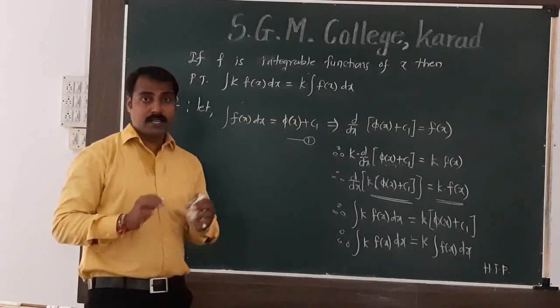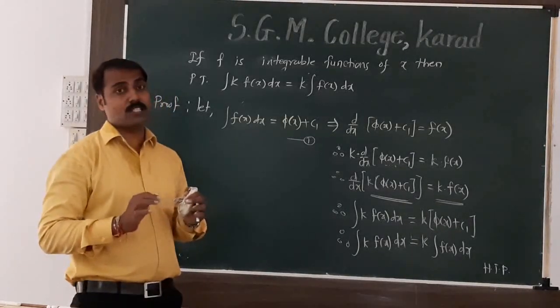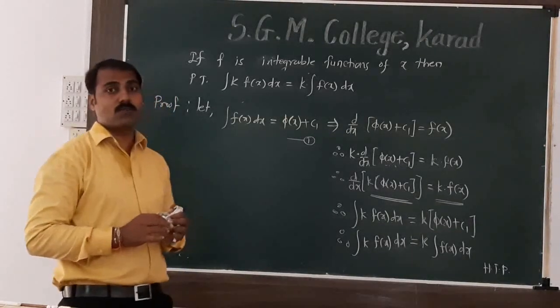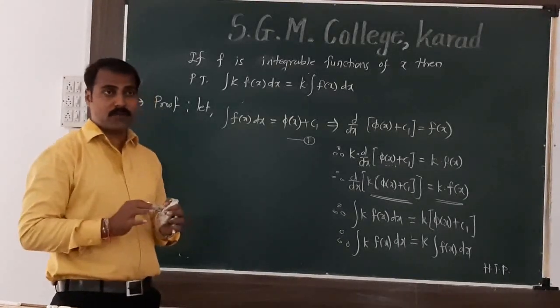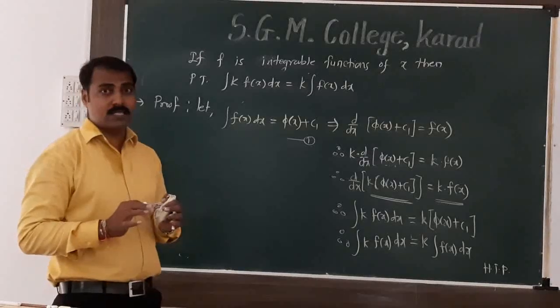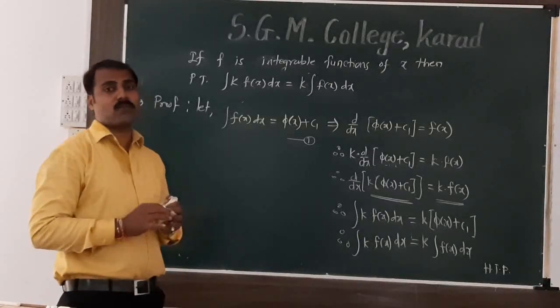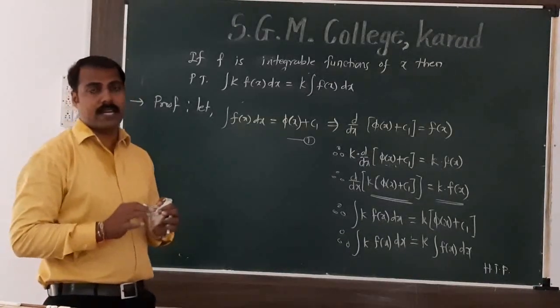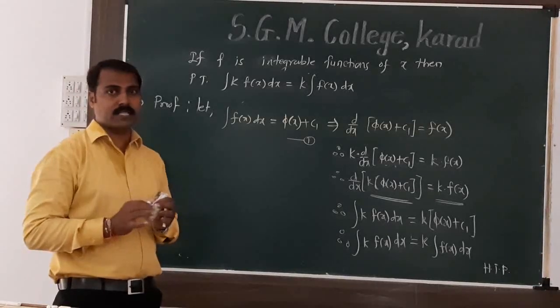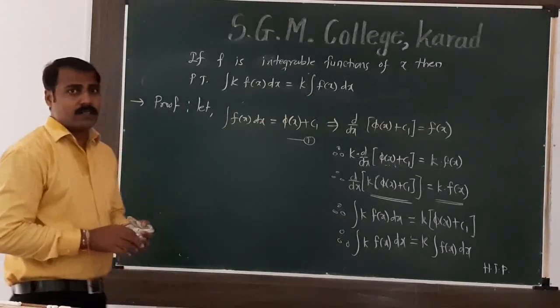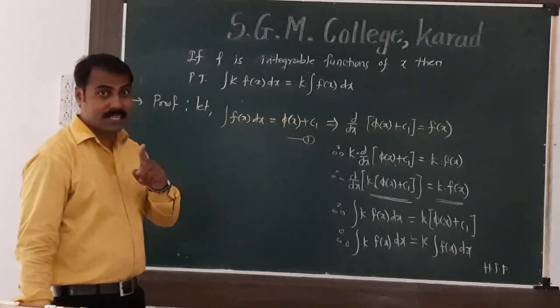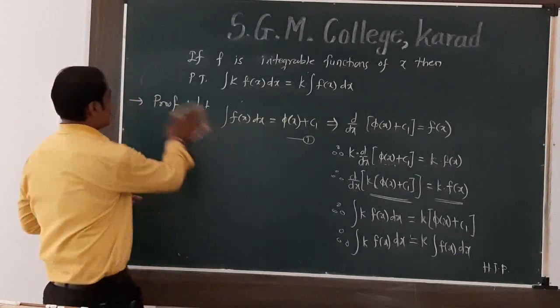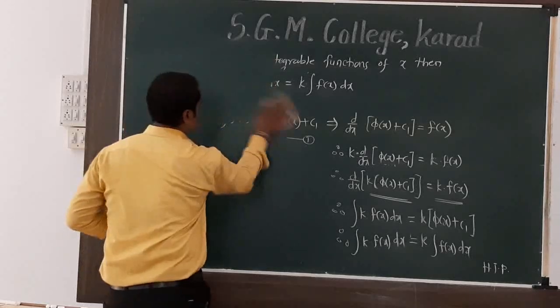Second rule is integration of f of x minus g of x dx is equal to integration of f of x dx minus integration of g of x dx. And third rule is integration of k into f of x dx is equal to k into integration of f of x dx. So remember these three rules. Now we are seeing some examples on these rules.